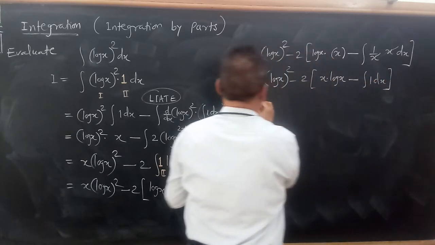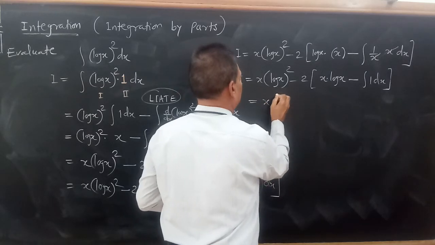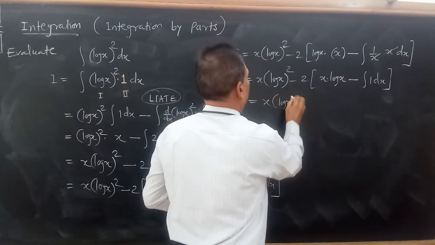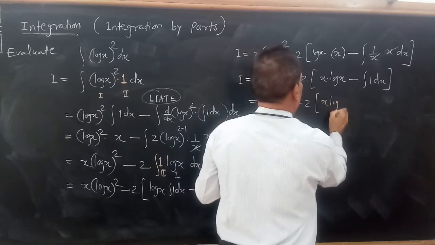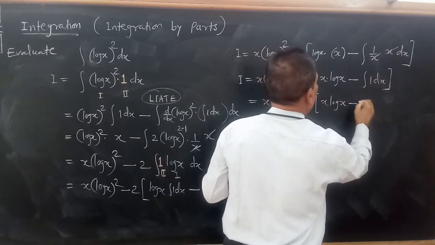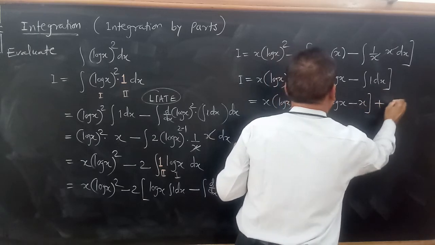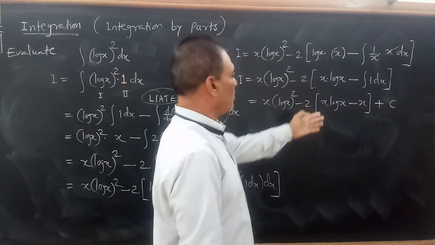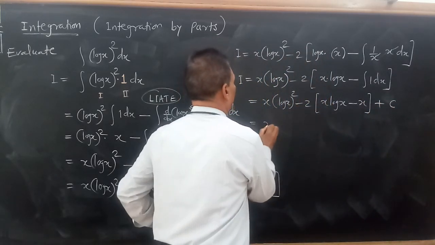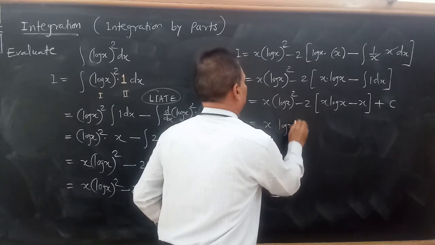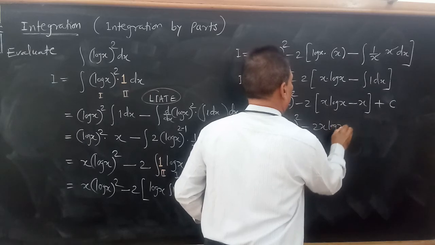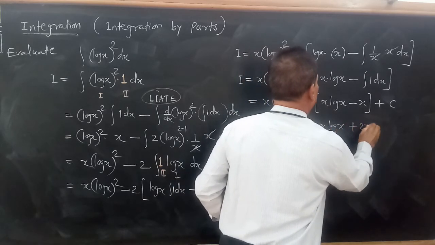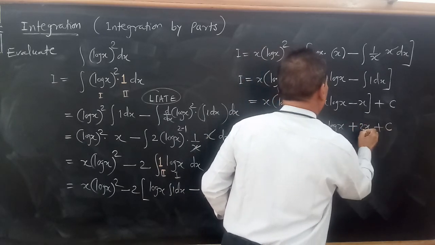Means your final answer is like this: x log x bracket square minus 2 into bracket x log x. What is integration of 1 dx? Again x, plus some constant of integration. Open the bracket, you will get final answer is like this: x log x bracket square minus 2x log x plus 2x plus some constant of integration.